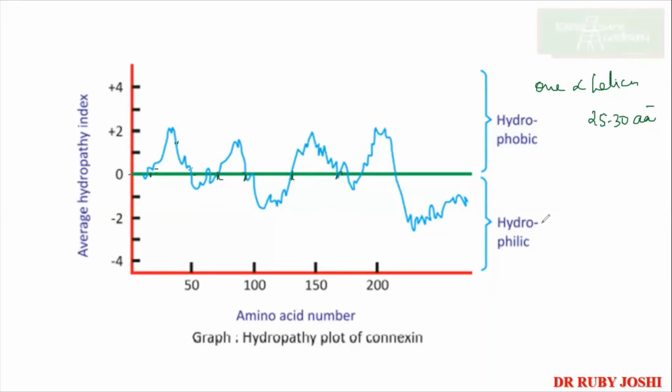So at least we know it is more than 25 to 30 amino acids and it is coming in the hydrophobic region. So we can guess that at least 4 are present. We are not sure, there might be more, but from the hydropathy plot you can understand that at least 4 alpha helices might be present. Did everyone get this point? Like how to calculate? Yes, ma'am. Okay, good.